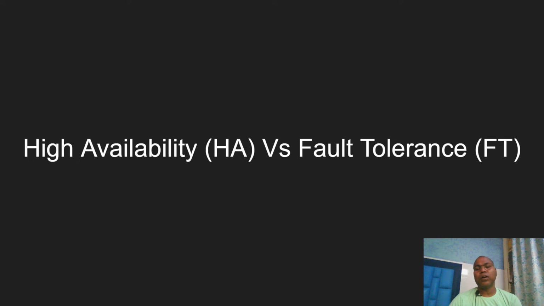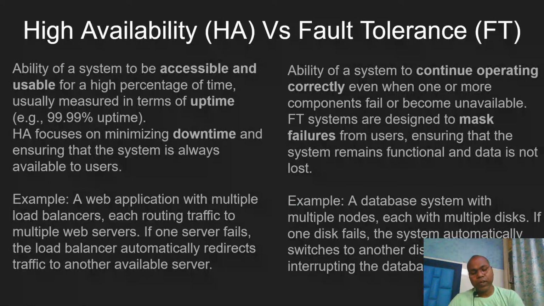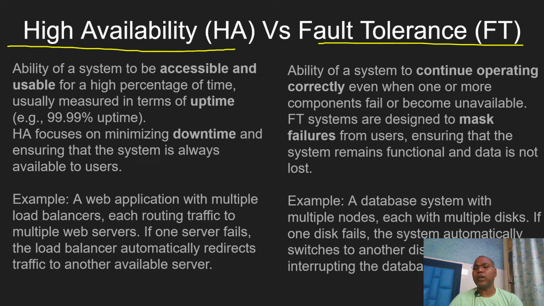Let's get the actual picture. I'm going through some basics, not more detail about HA and fault tolerance. In HA, our objective is the ability of the system to be accessible and usable, always trying for uptime, always ready to respond. Generally many organizations provide 99.99% uptime, and you also have to minimize your downtime.